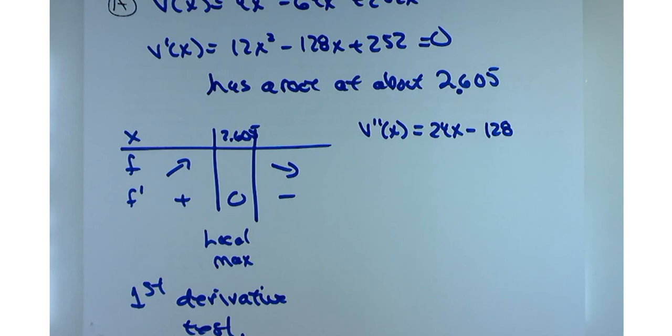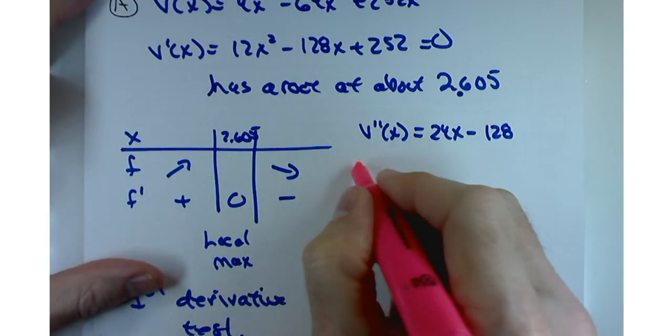Now what does the second derivative tell us? Who remembers? Nick? Concave up, concave down. So one of two things can happen depending on the function and where you're looking at.